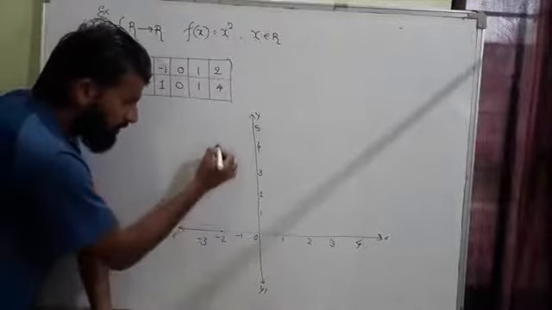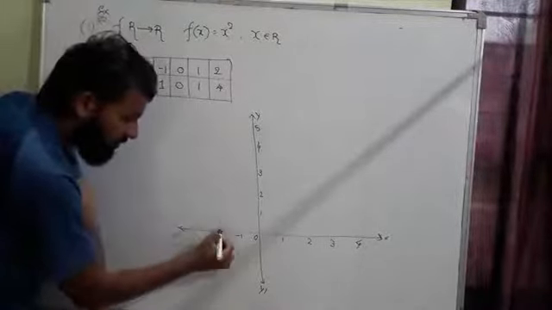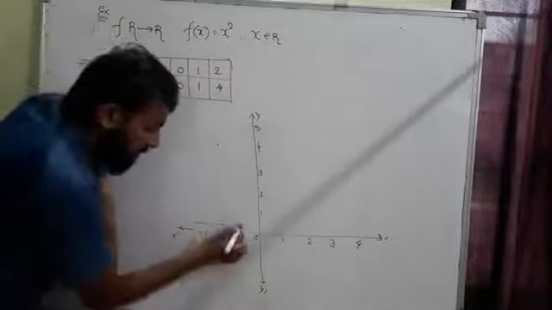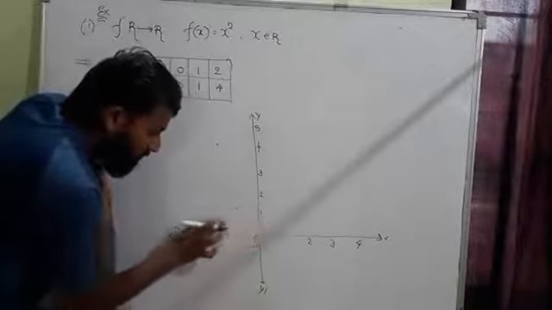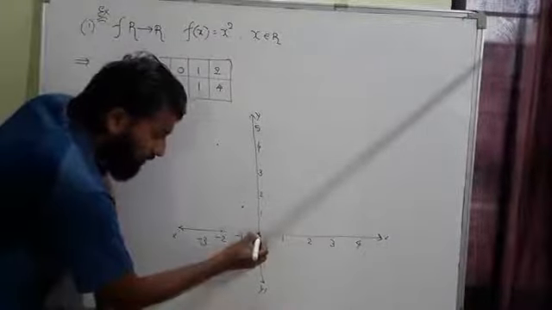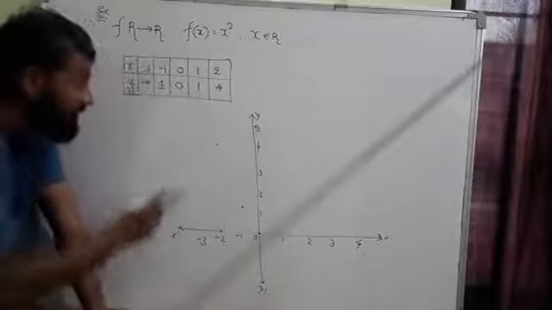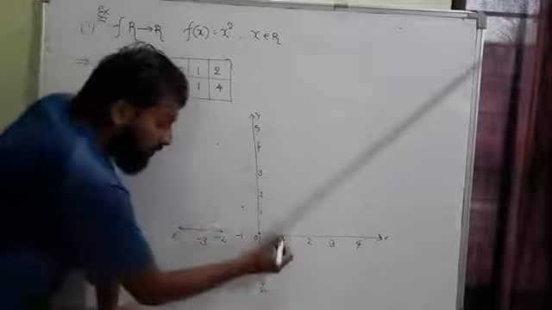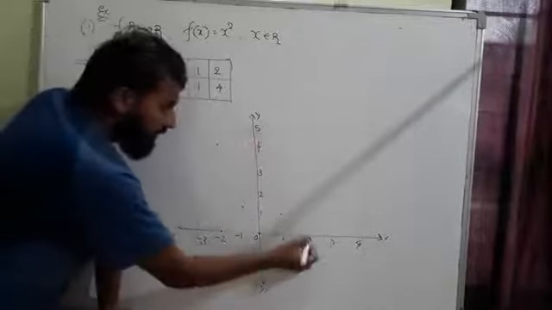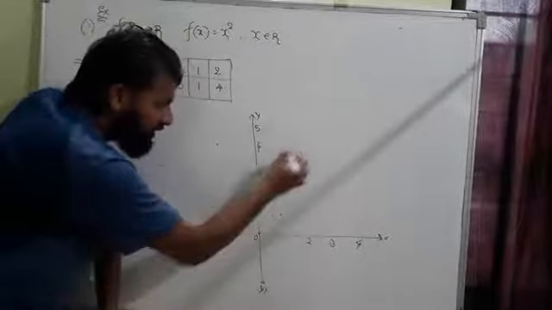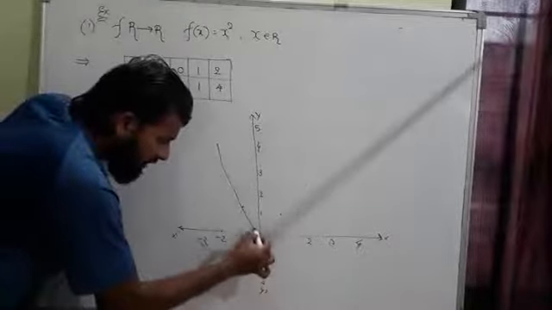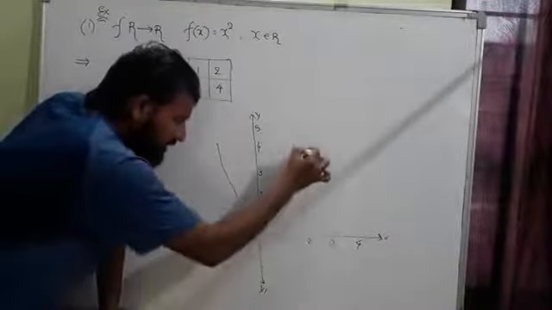So this will be my first point. Yes or no? Yeah. If I take x as -1, my y value will be +1. If I take x as 0, y value will be 0. If I take x as 1, y value will be 1. If I take x as 2, it will be 4 somewhere here. And if I join all these things, you will be getting a curve like this.